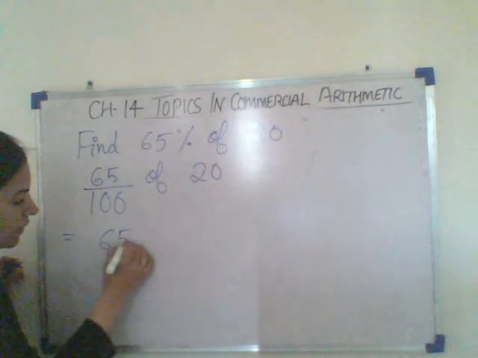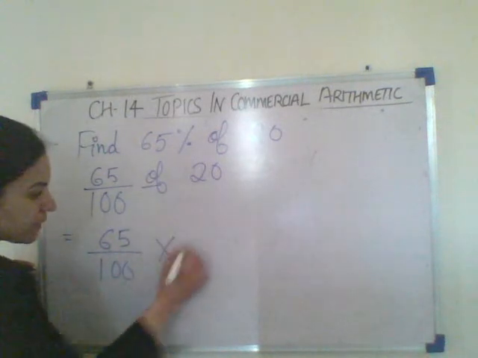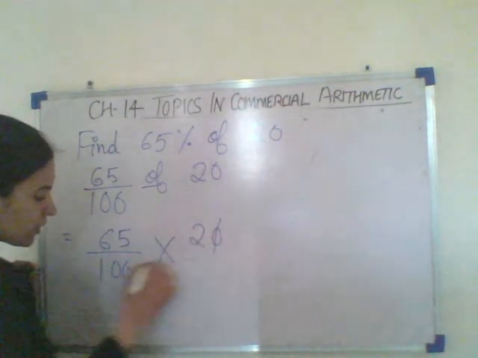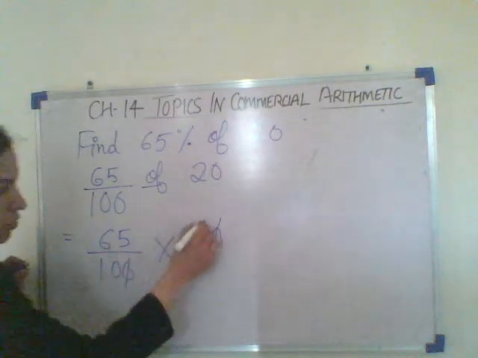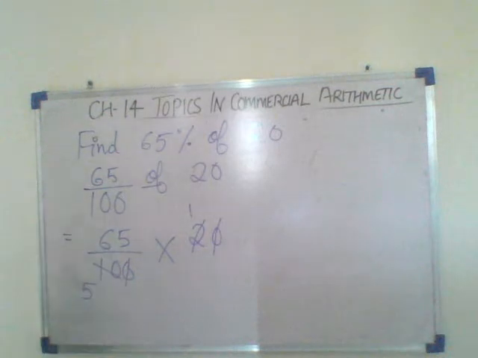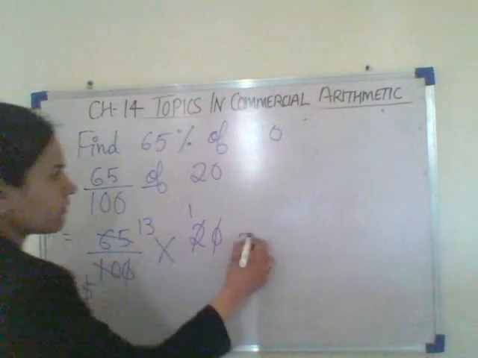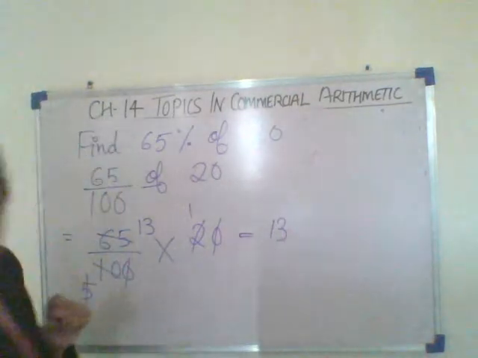Instead of "of", I write multiply by 20. This 0 gets cancelled. 2 ones are 2, 2 fives are 10. Again it cancels with the 5. 5 ones are 5 and 5 thirteens are 65. So it is 13.